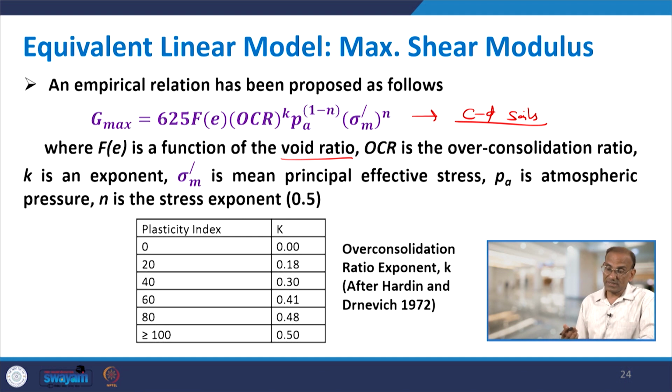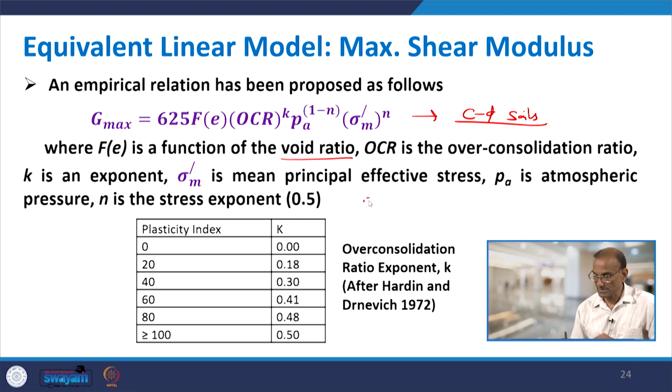OCR is the overconsolidation ratio, and K is its exponent. Pa is atmospheric pressure, and sigma m is the mean effective principal stress.